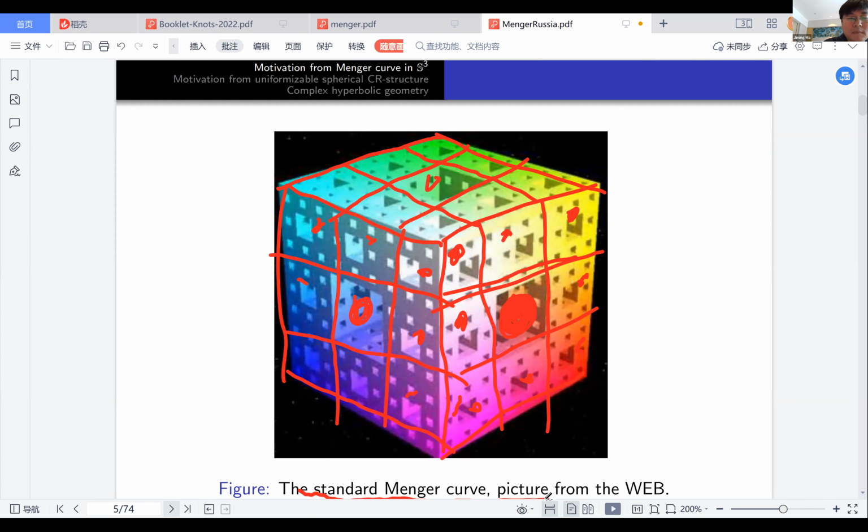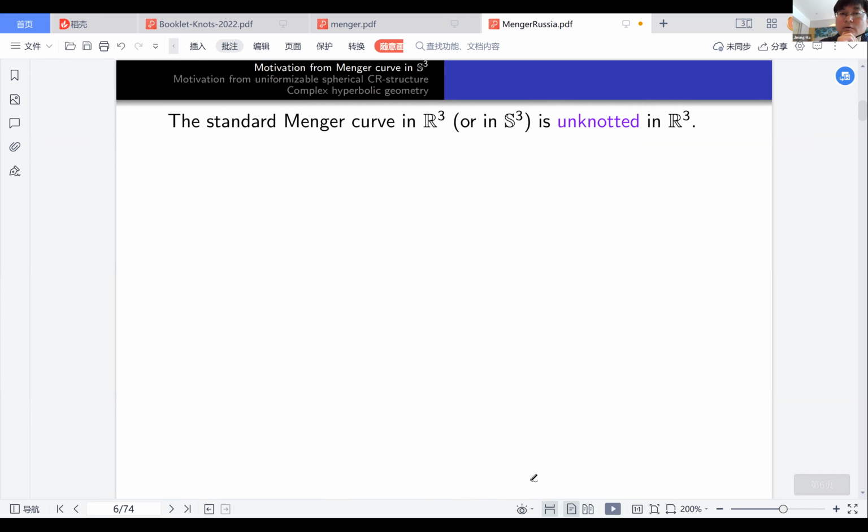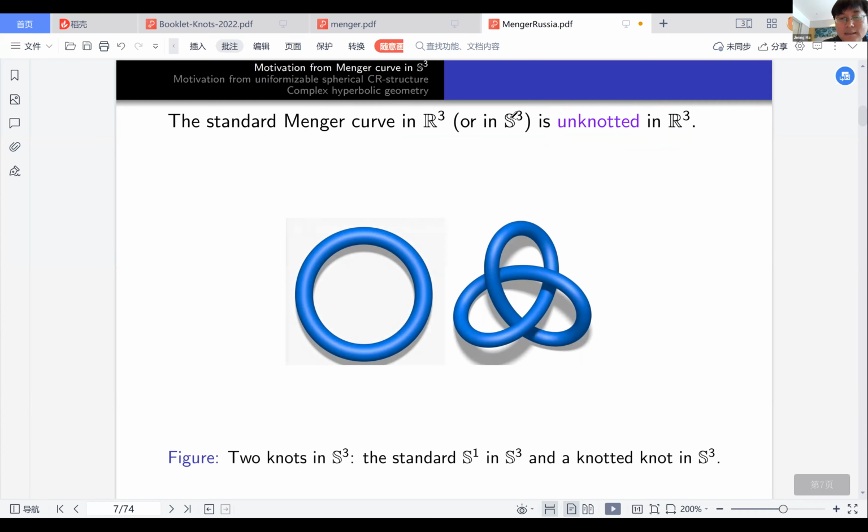We say the standard Menger curve is unknotted in the three space. Here it is compared to the case of knots in the three sphere or in the three space. Recall that here are two knots. The left one is a standard circle in the three sphere, so it is unknotted. The second one is a trefoil, which is a knotted knot in the three sphere.